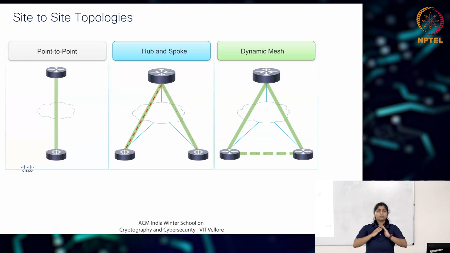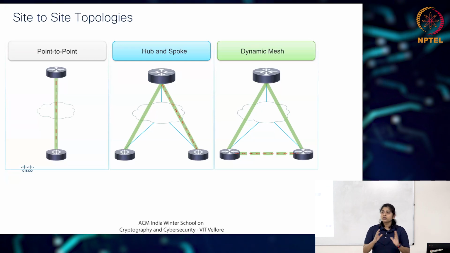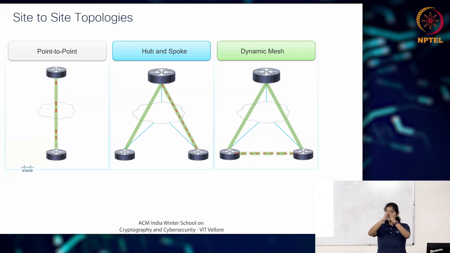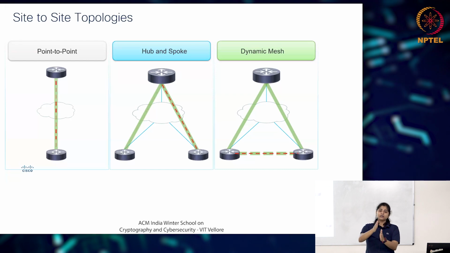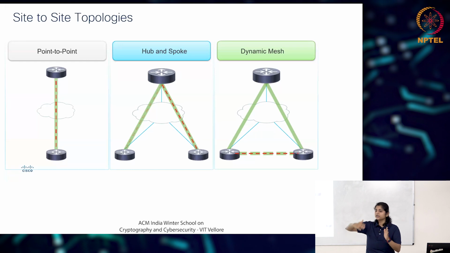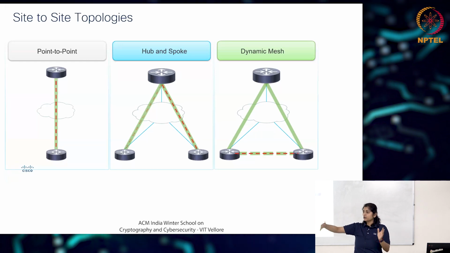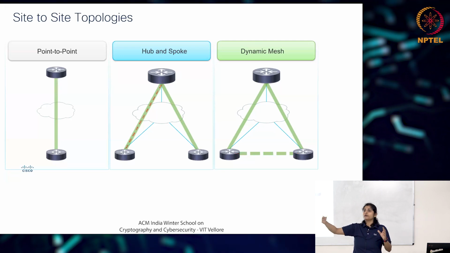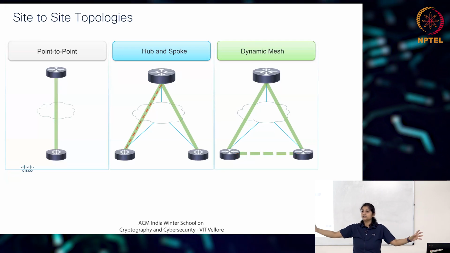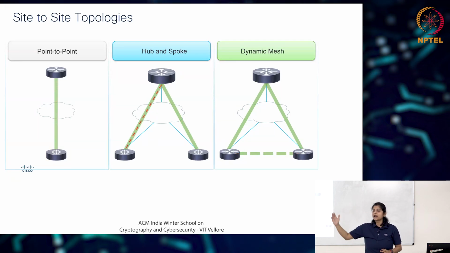I'm talking to Pooja, Pooja is talking to me, that's it. Hub to spoke is where a single hub serves spokes, and we extend this to multi-hub, multi-spoke scenarios. There's something called DMVPN, dynamic multipoint VPN, that we use where there are multiple spokes and multiple hubs involved, in either a hierarchical or lateral manner.